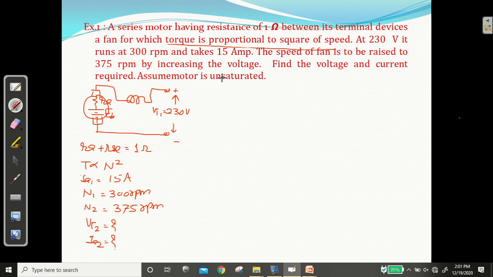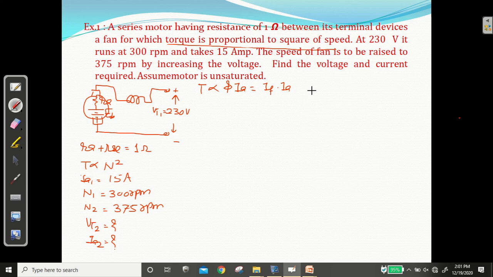Okay, so first of all, we know the torque condition is given. T is proportional to what? We know T is proportional to phi into IA, equal to IF into IA.